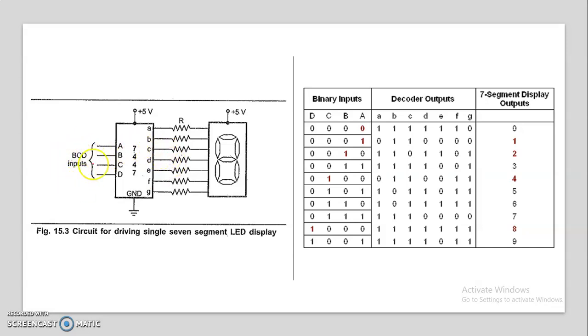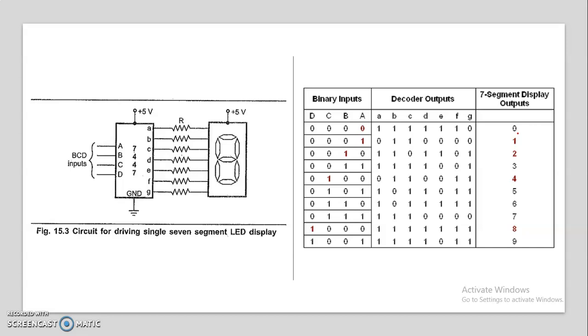According to the input that you give at the lines A, B, C, D, it will be converted to the 7 segment code.